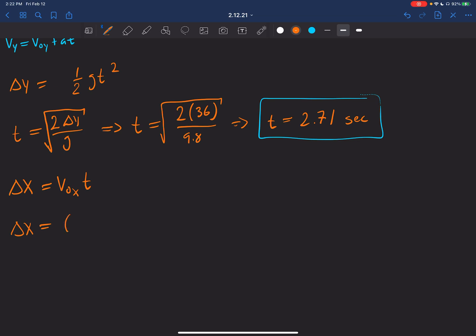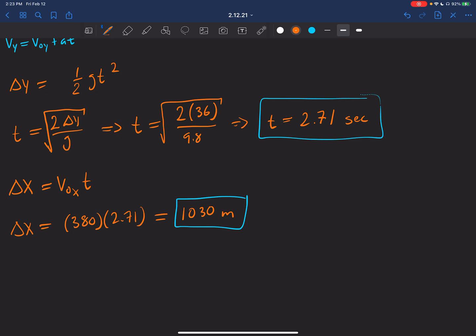So we're going to write 380 meters per second times the time that we just solved for, 2.71 seconds. And that's going to give us a horizontal distance from the firing point of 1,030 meters. So there's that.